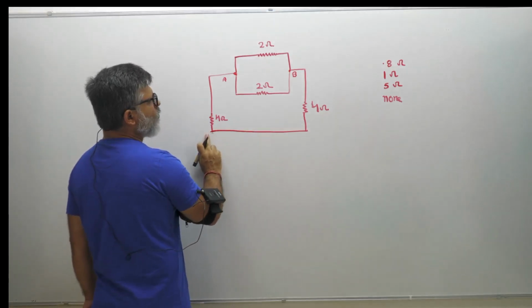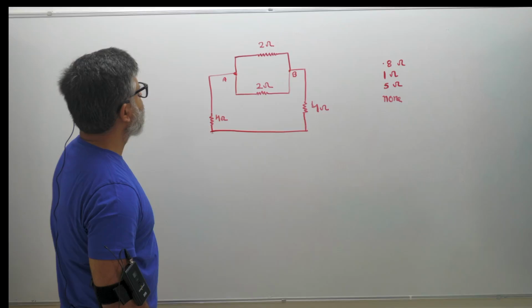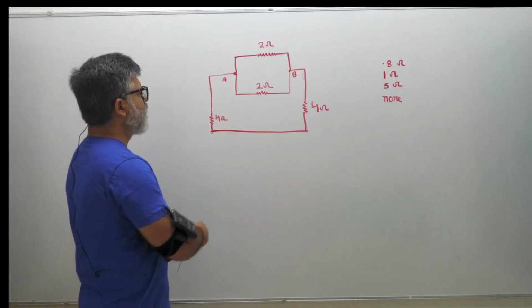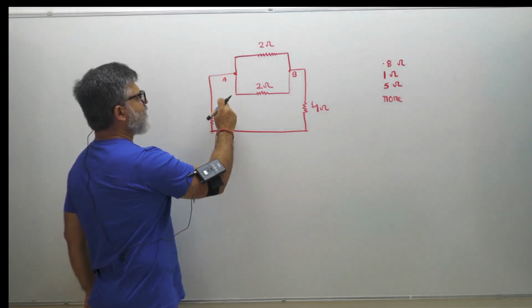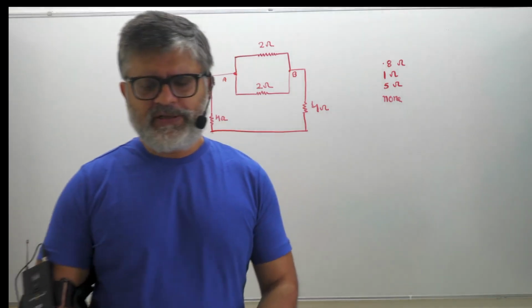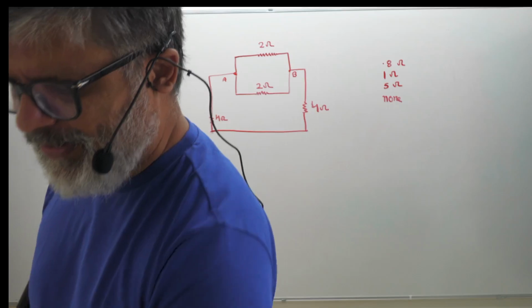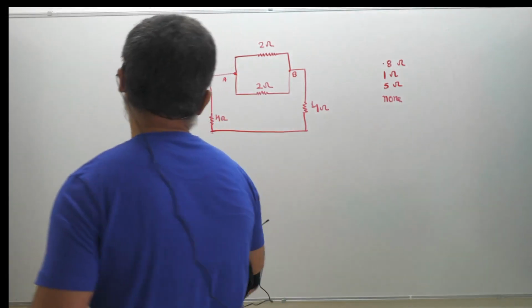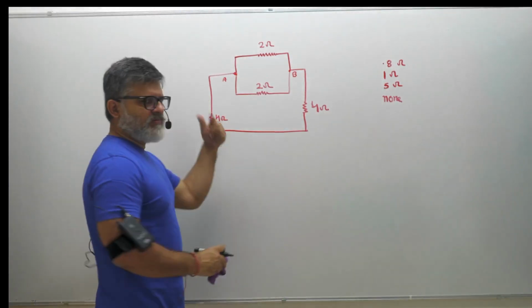Now if you look into this figure very carefully, I can redraw this. Have a good look at this figure. The resistance 4 ohm and 4 ohm is also by virtue of a certain magnitude, right? And we have to address the magnitude. So let me redraw the circuit.